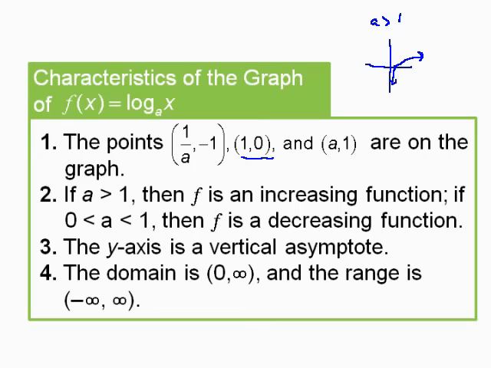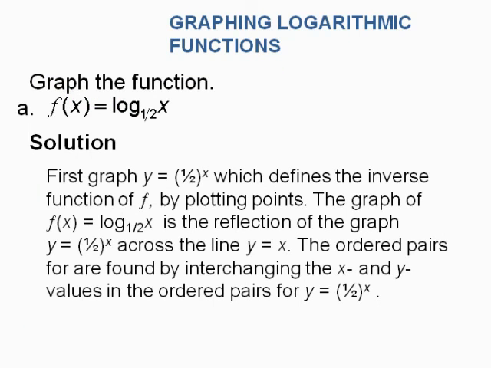So that would be the point 1, 0. And if a is a fraction, it'll do this type of thing through 1, 0. But it'll go through 1, 0. It'll decrease like we've been looking at there. And of course, they talk about the domain and the range. So we'll carry on here.